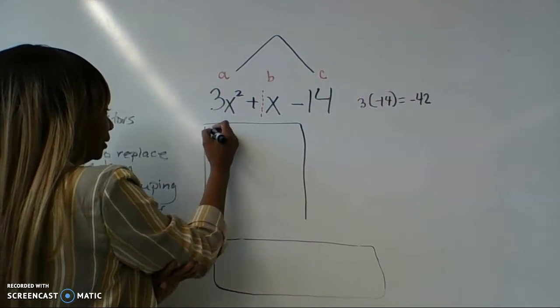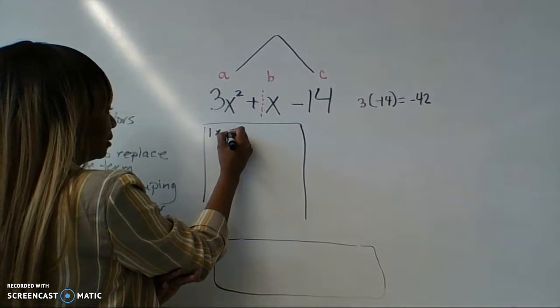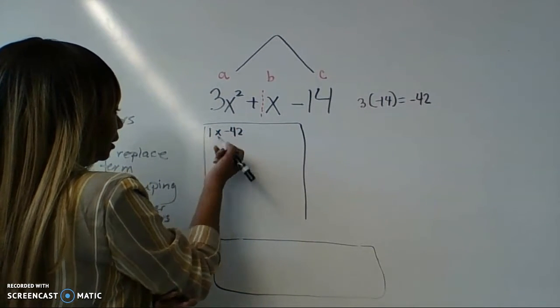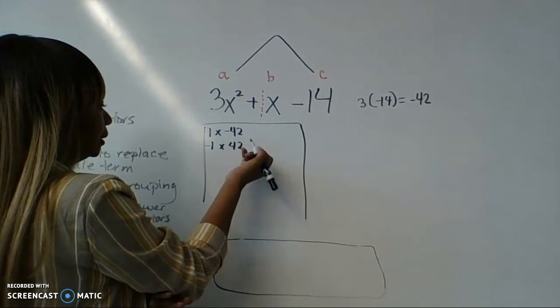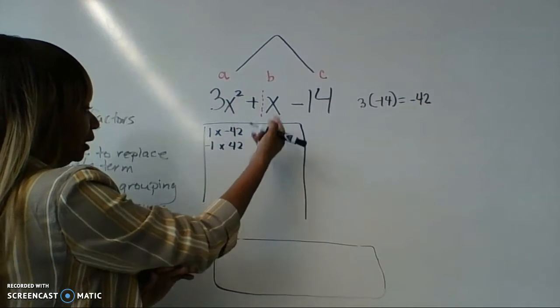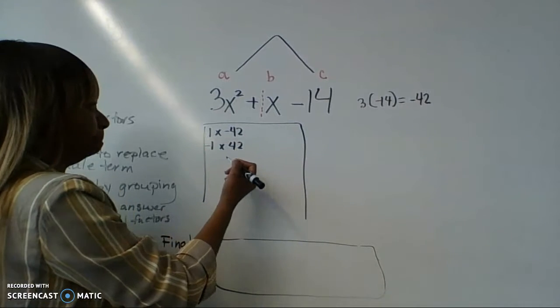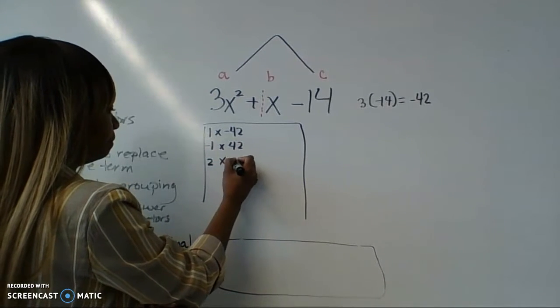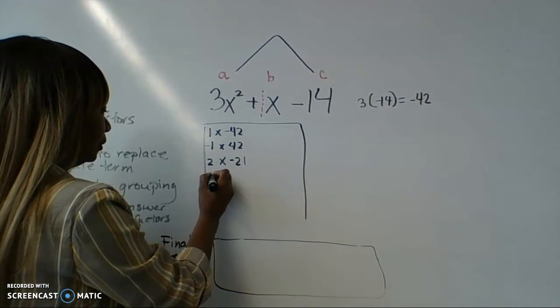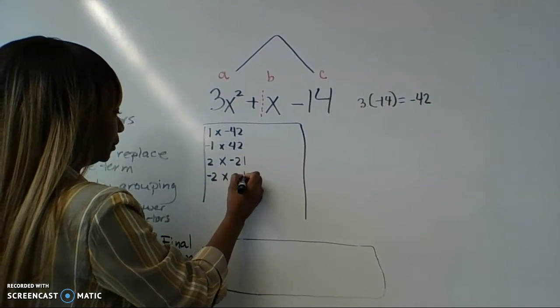So I'm looking for factors of negative 42 that add up to a positive 1. I can start with 1 times negative 42. I also could say negative 1 times positive 42, because both of those will give me back negative 42. What else? What about 2 times negative 21, or negative 2 times positive 21?